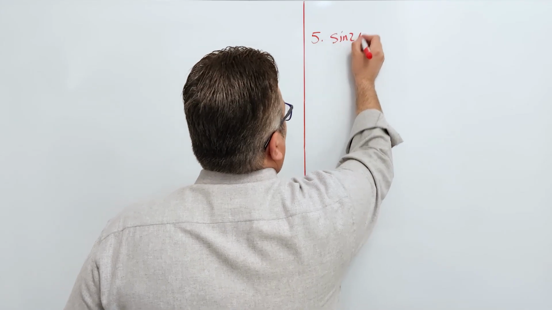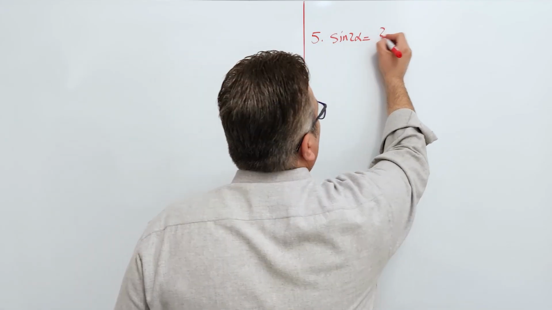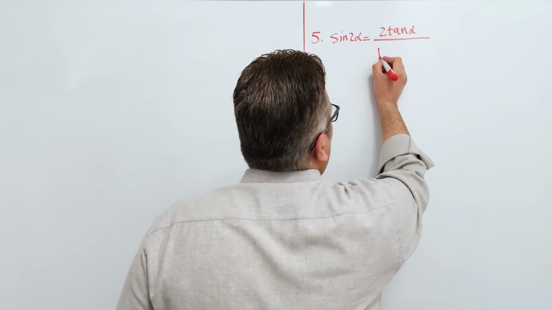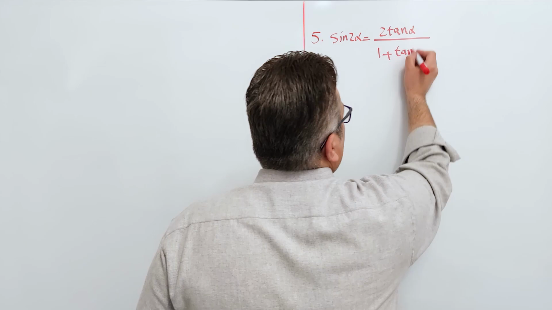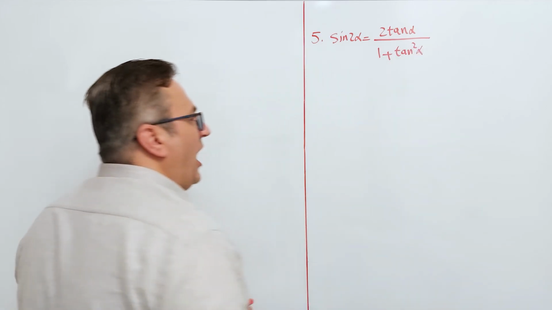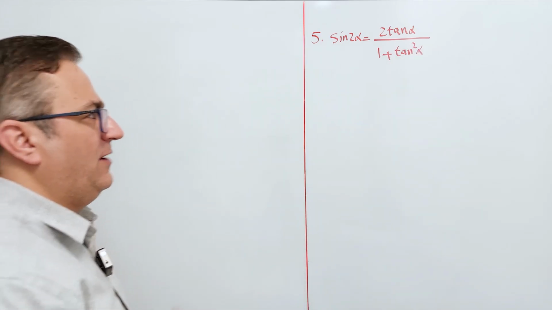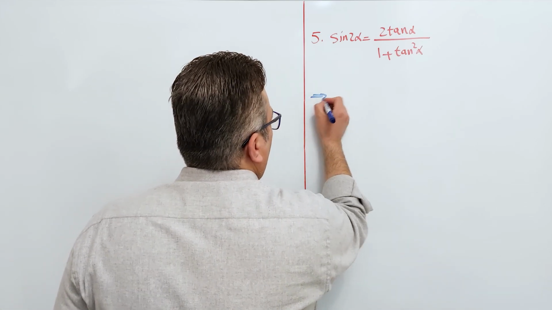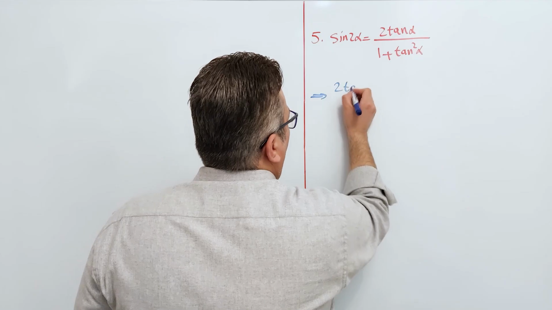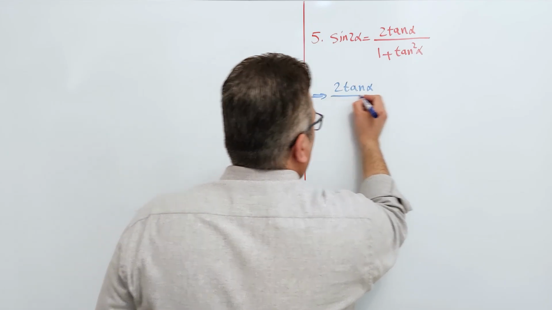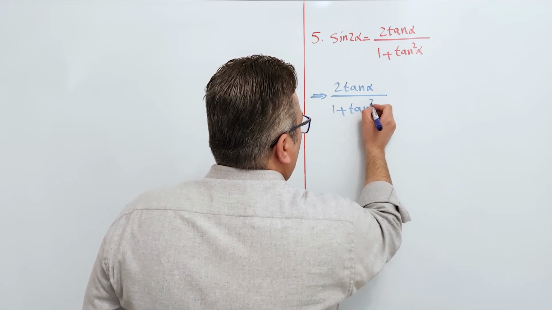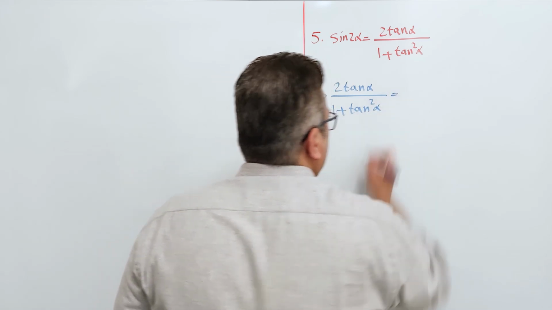Sine 2 alpha is equal to 2 tangent alpha divided by 1 plus tangent squared alpha. But how and why? We want to prove that. 2 tangent alpha divided by 1 plus tangent squared alpha is equal to.